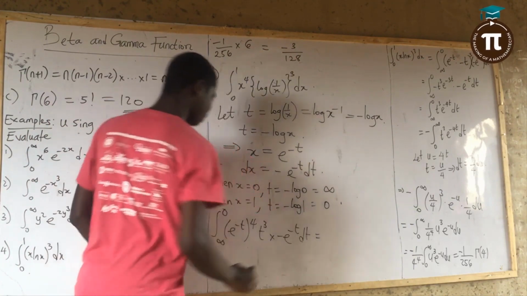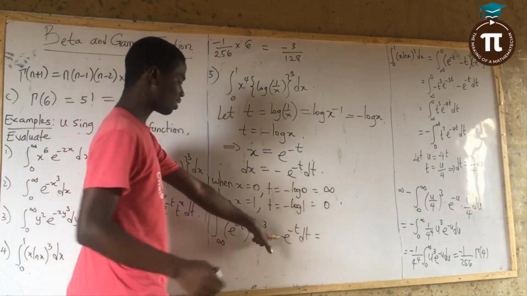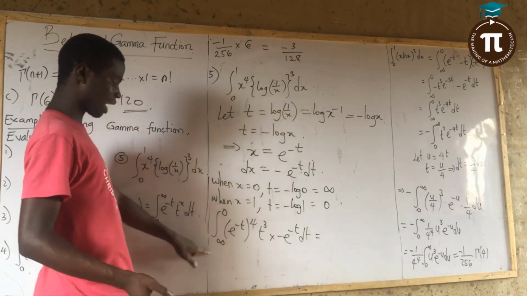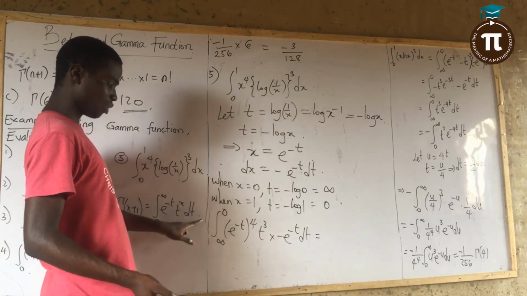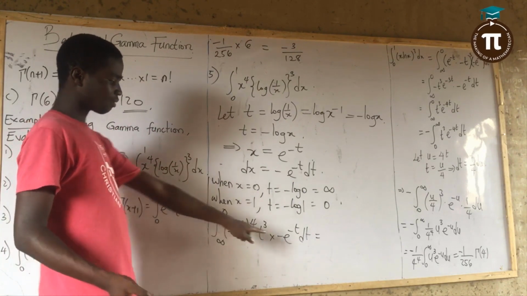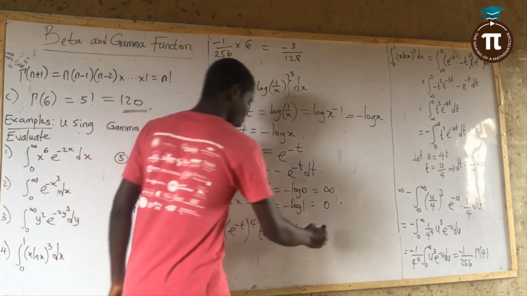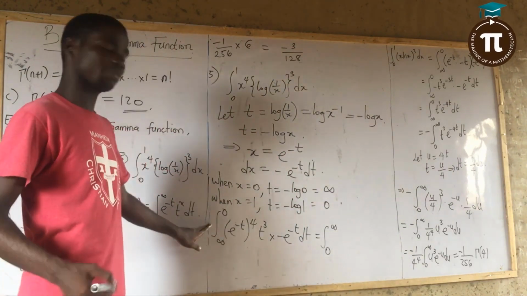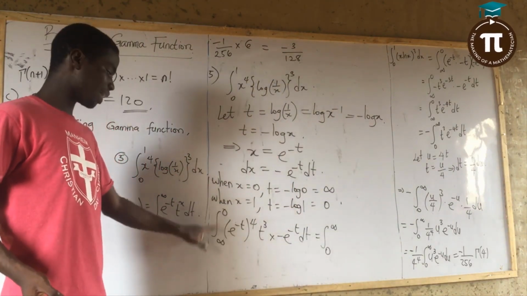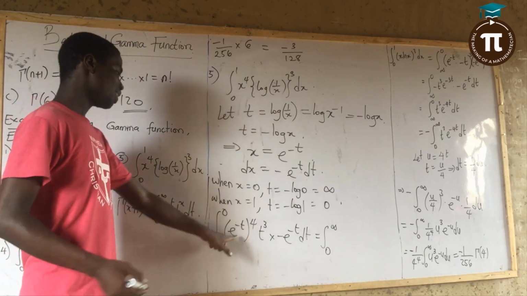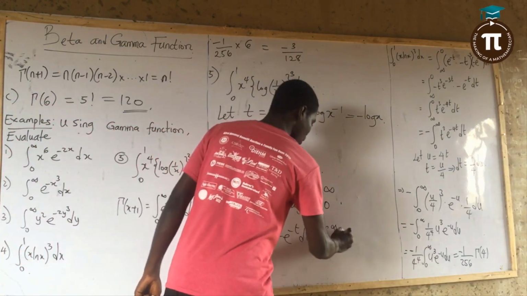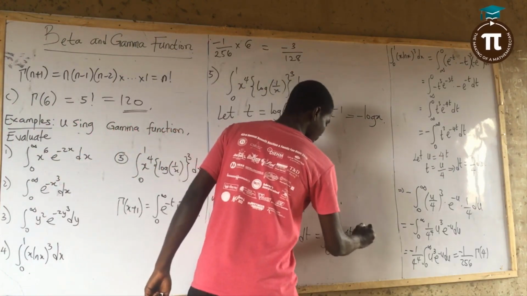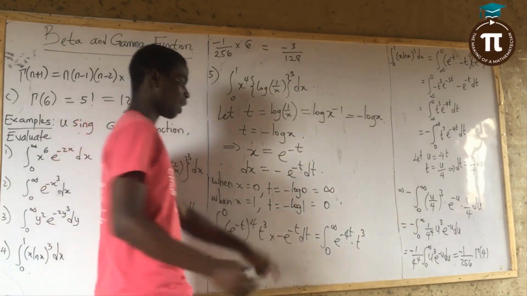So we will now have this negative. If I remove this negative, I can swap this integral. To swap the integral, you introduce a negative. And the negative times this negative will give me a positive number, 0 to infinity. So this one will remain e raised to power minus 4t multiplied by t raised to power 3 multiplied by e raised to power minus t.